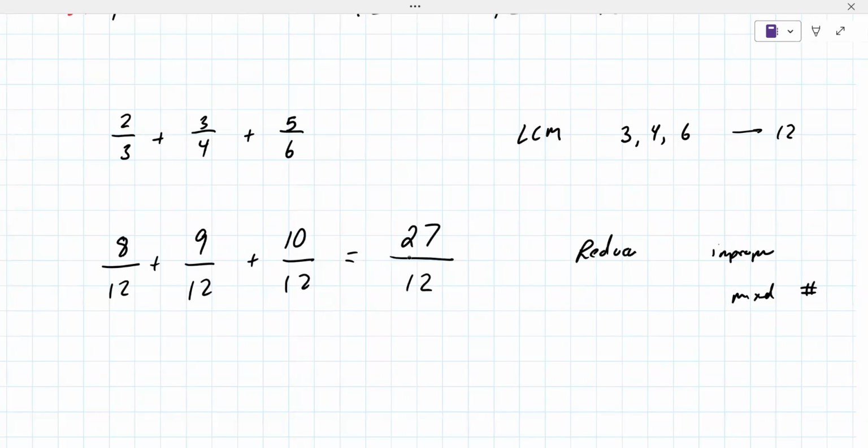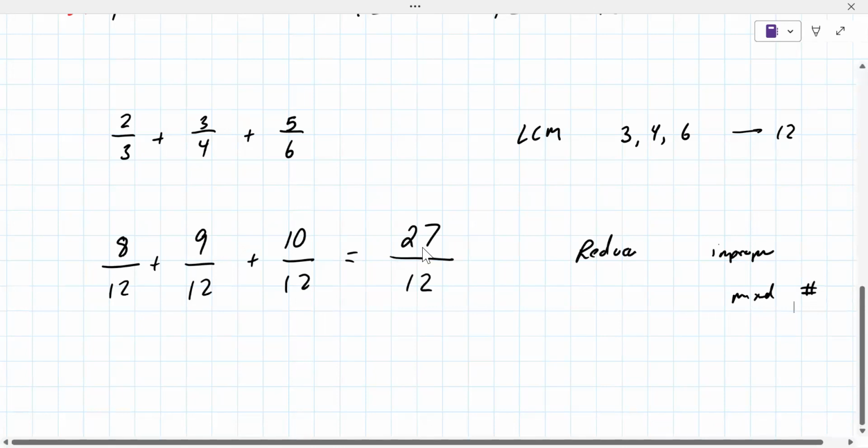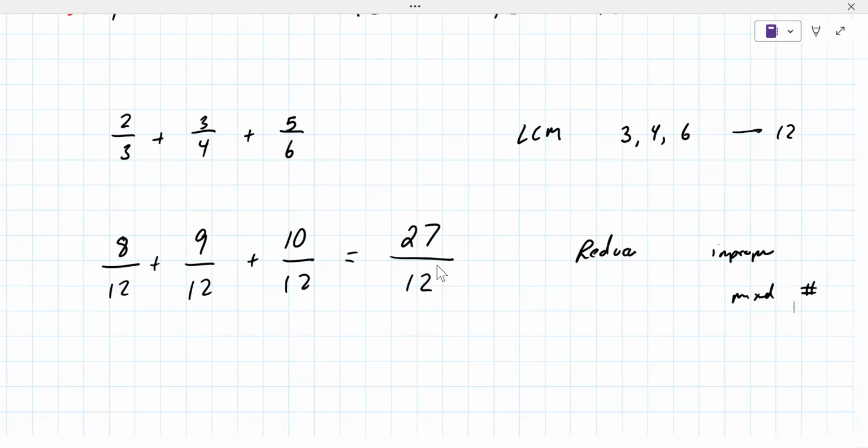All right, which means that you have to do maybe both. And I like to reduce first before writing it as a mixed number, but you may not be super comfortable doing that yet. So it's kind of up to you. I just did the mixed number.